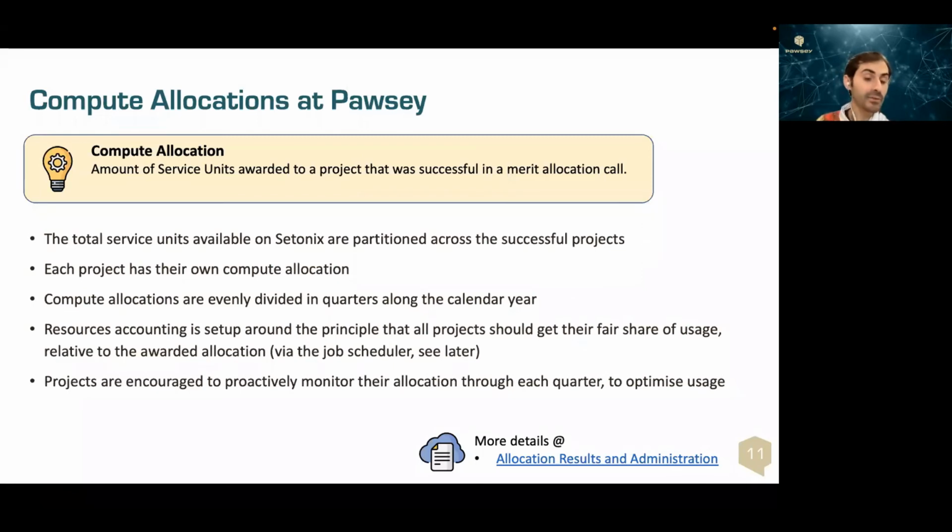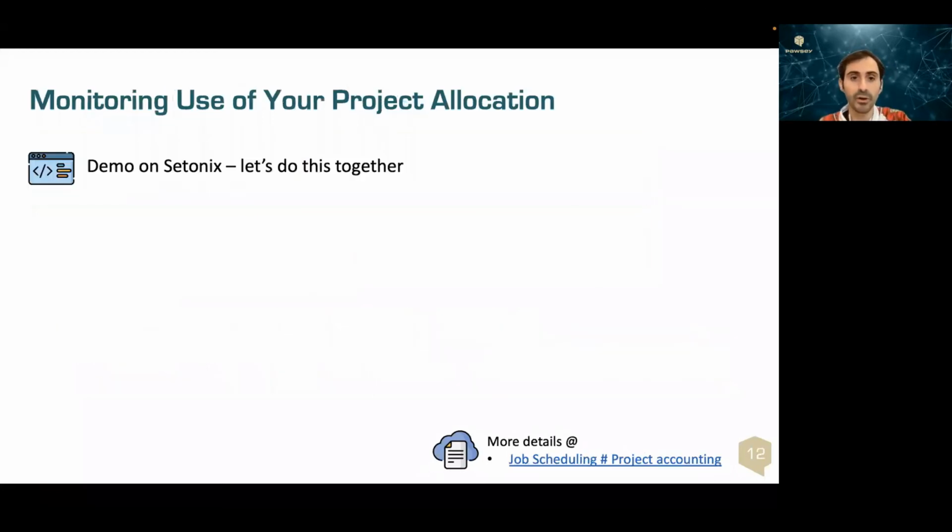And if you use more, as we're going to discover soon, you're going to have lower priority in running your jobs, to ensure fair share of usage by other researchers accessing the facility. I'm going to go back to this point soon.